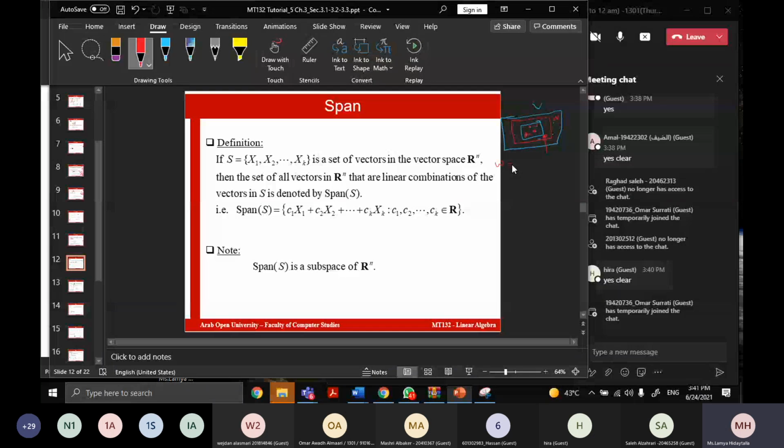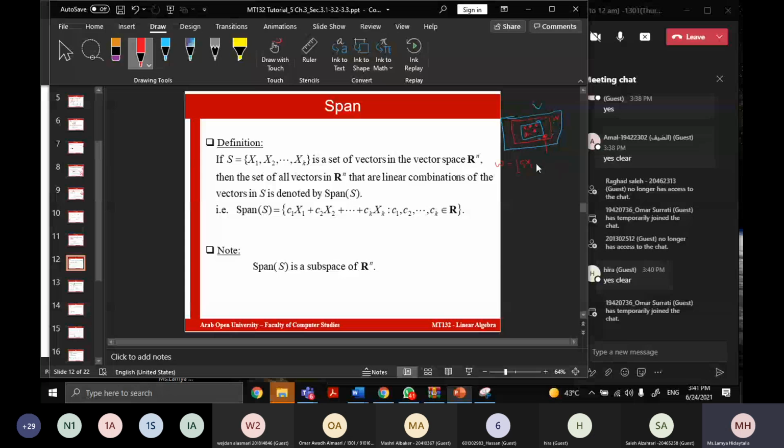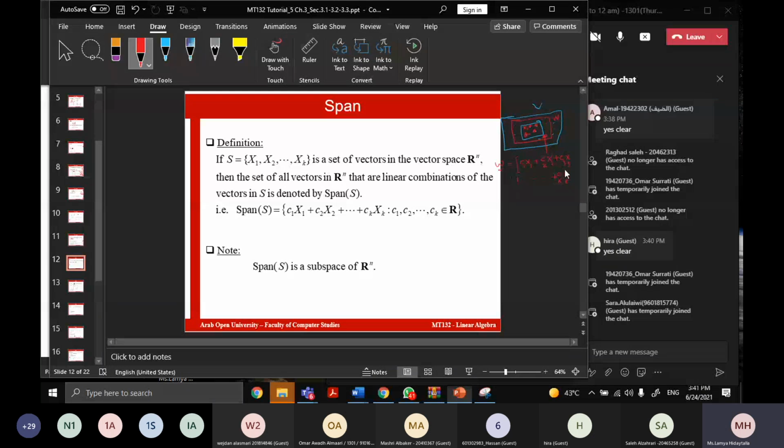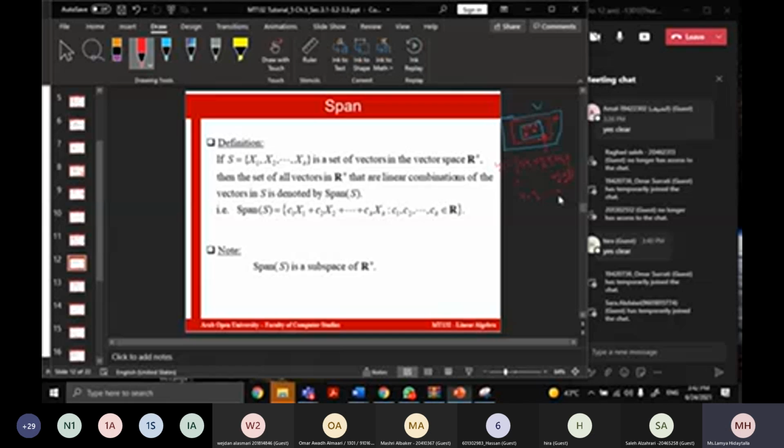They are the set of elements like C1 times the vector X1, if this is X1, this is X2, this is X3, X4 and so on: C1 X1 plus C2 X2 plus C3 X3 plus, and so on up to the last vector, let's call it K, so Ck Xk. This is the set of vectors like that, such that C1, C2, up to Ck belong to R. They are real numbers.